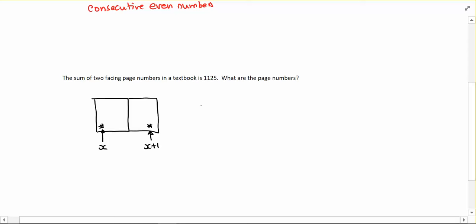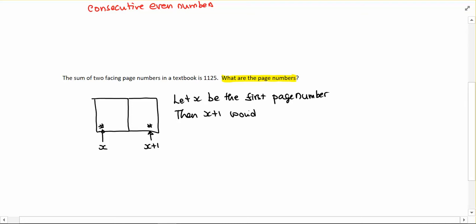So we can start with our let statements. Of course the question is determine the page numbers. Let x be the first page number. Then x plus 1 would be the second page number.